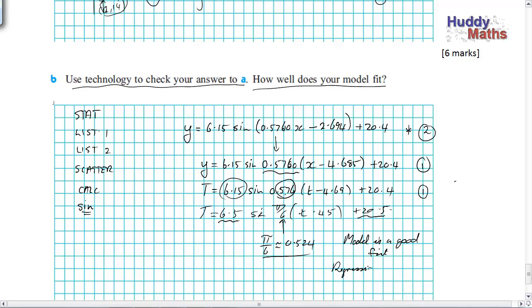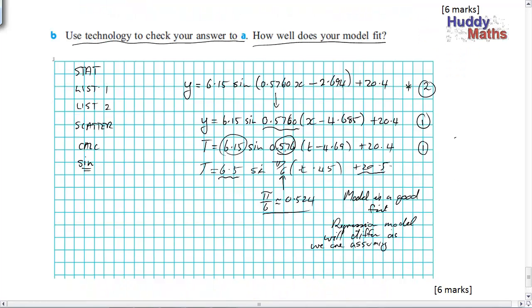The regression model will differ from the other, as we are assuming that the max and min, which is our model based on what our model is there, we're assuming that the max and min are perfectly correct. The regression model fits it to all points. So something like that, comparing the 2 models.